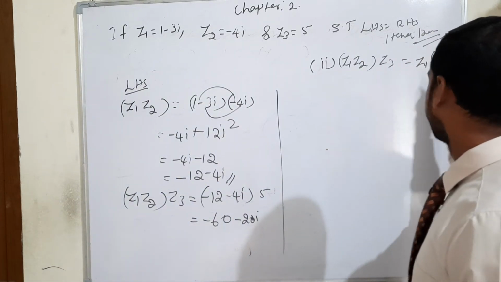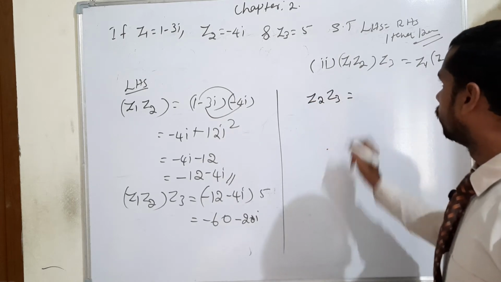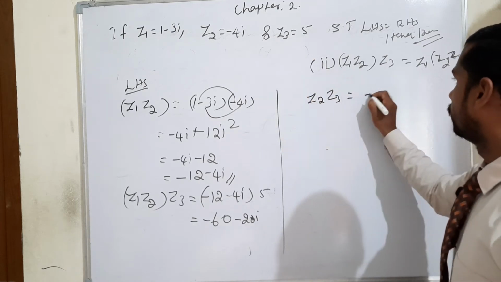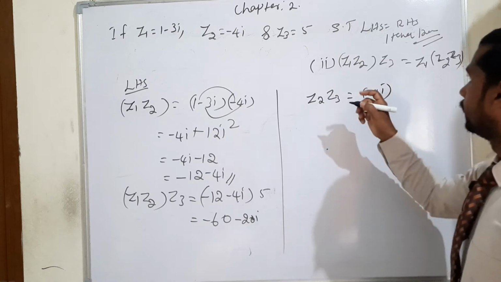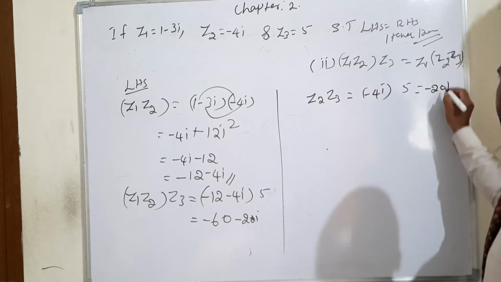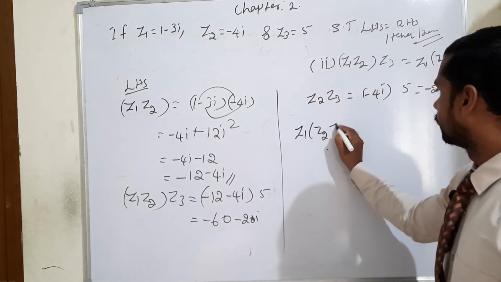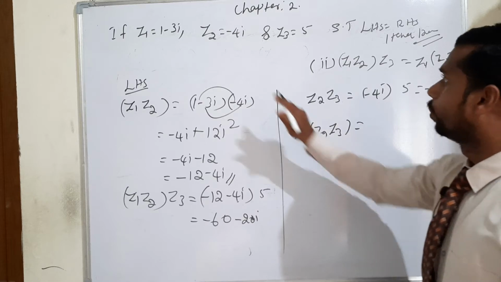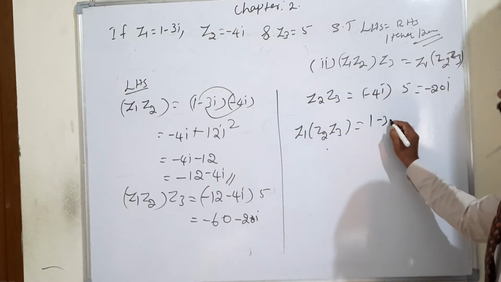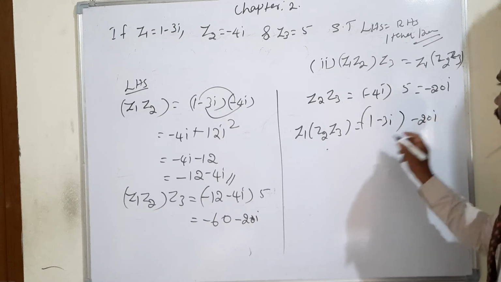z2 into z3: first you have to solve the bracket term. z2 is minus 4i, z3 is 5. That is minus 20i. Therefore, z1 into z2, z3: z1 is 1 minus 3i, then minus 20i.